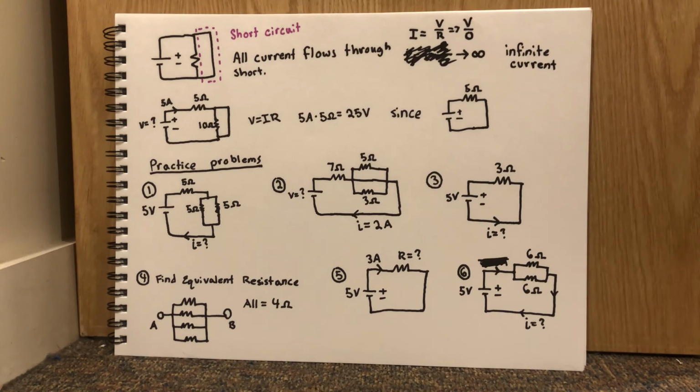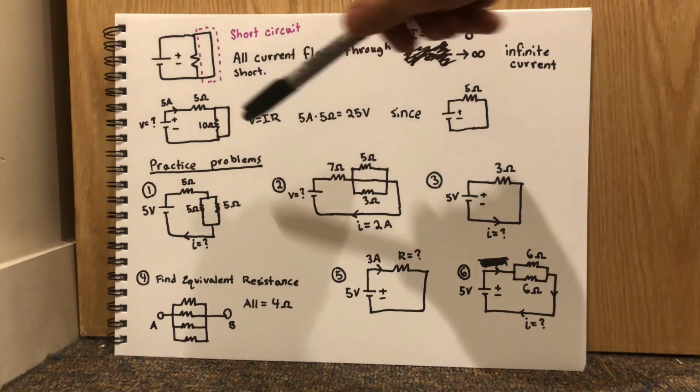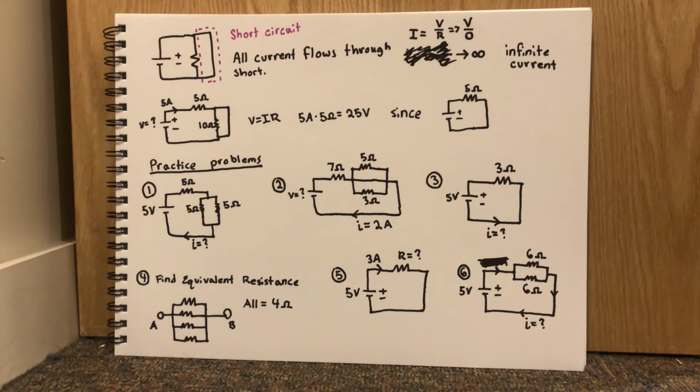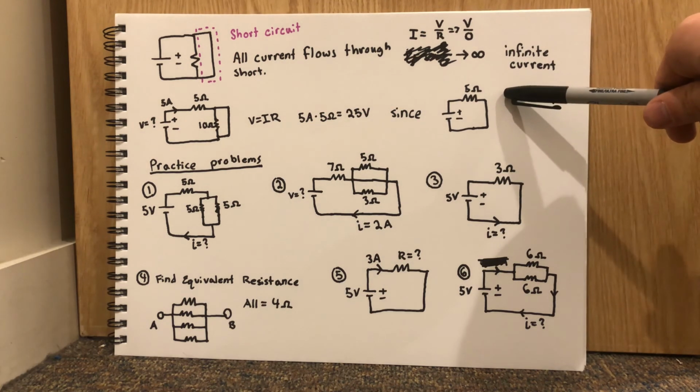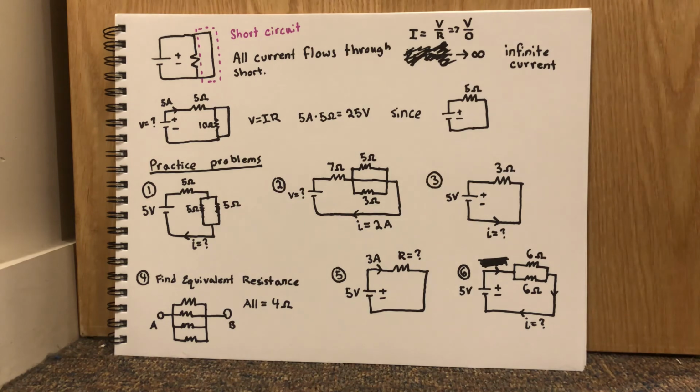So now let's apply this to solve the circuit I have drawn right here. So we're wanting to find voltage, and we have current. And we see we have a short here next to this 10 ohm resistor. So we can say that this 10 ohm resistor doesn't exist. So we can redraw it as this battery with a 5 ohm resistor.